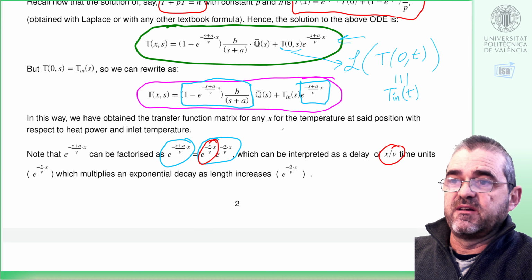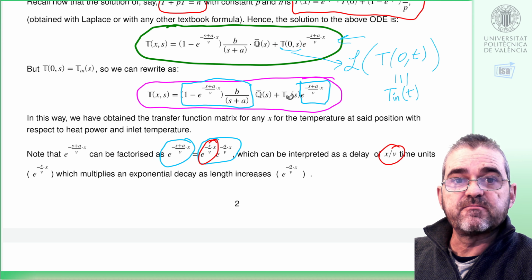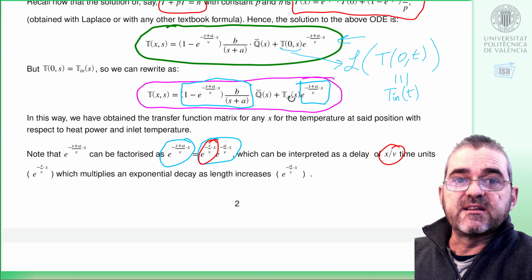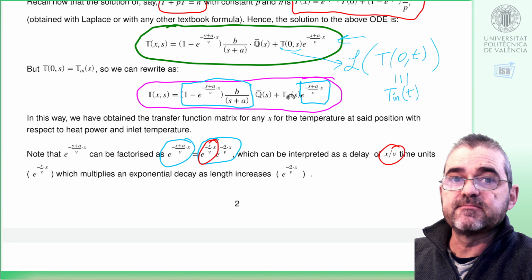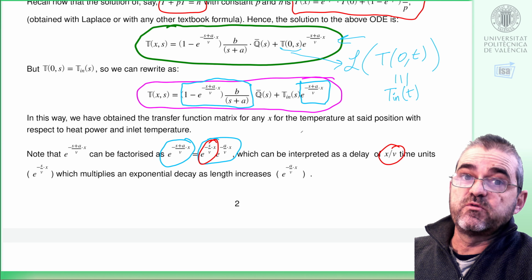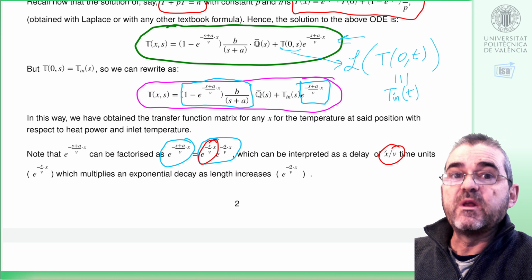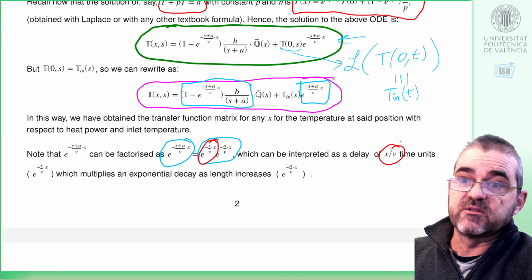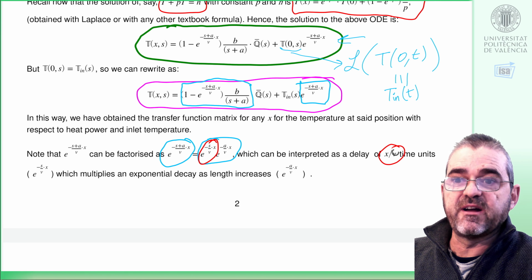Indeed, the changes of input temperature, if the flow is circulating, let's say at 2 meters per second, then a point 2 meters away from the inlet will receive those changes 1 second later. So that's it, 2 divided by 2.